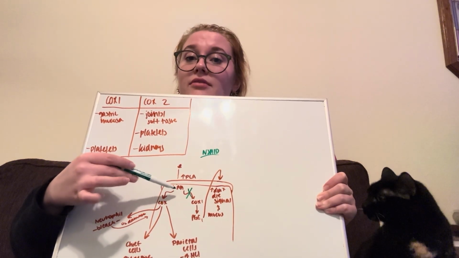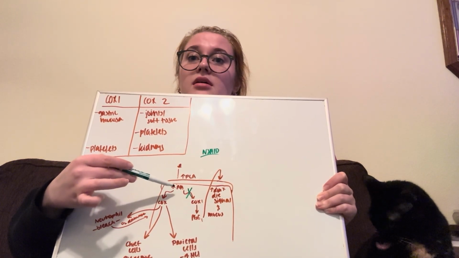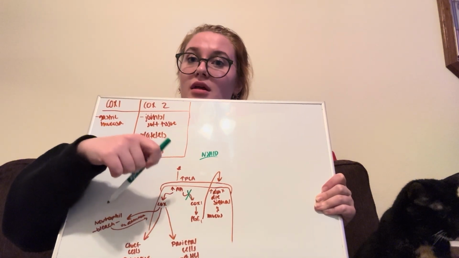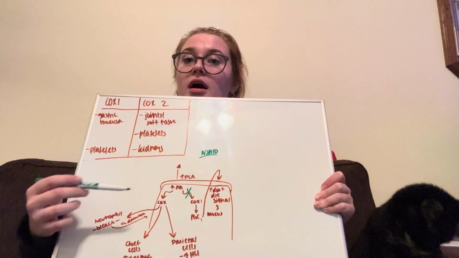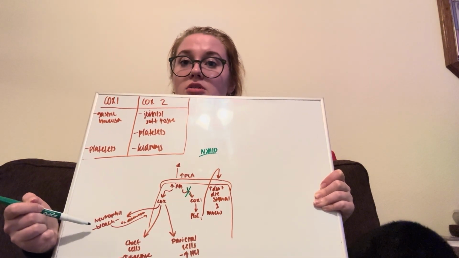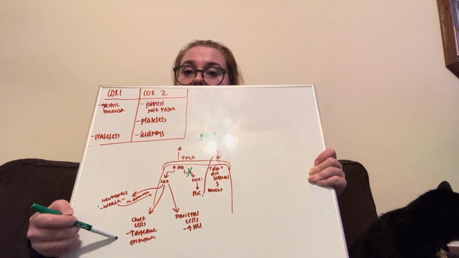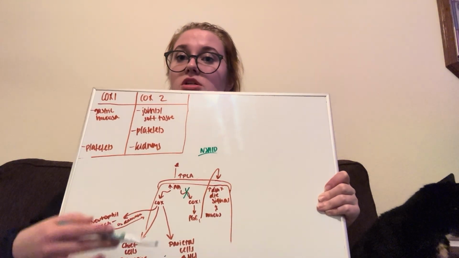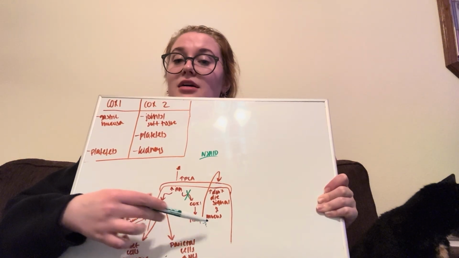So I still have all of that arachidonic acid, but I can't go the COX pathway. I have to go the LOX pathway. So with LOX, all of my arachidonic acid is being shunted towards making bleach, making digestive enzymes, and making acid, all of which cause damage to my cells.